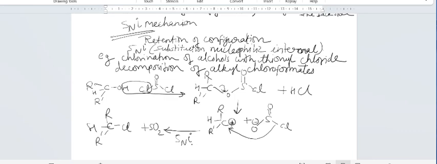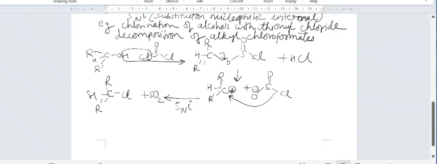Part of the leaving group necessarily attacks from the front side, because it is unable to get to the rear, resulting in retention of configuration. That is why the configuration is retained. So, the SNi mechanism is relatively rare.